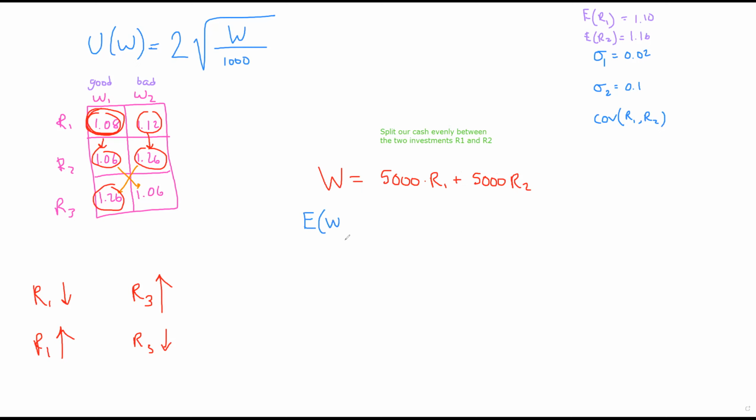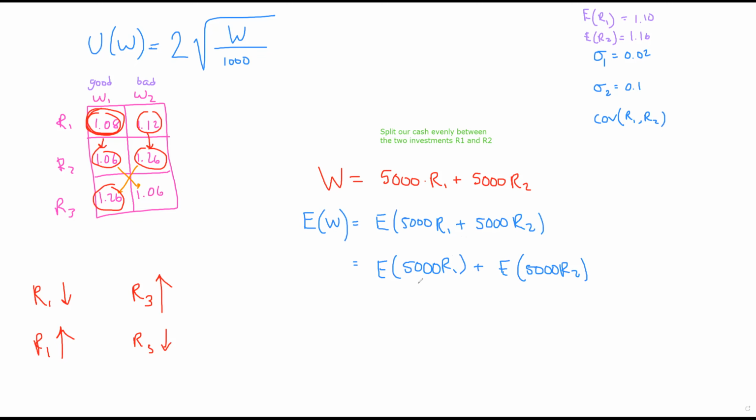So we'll take the expected value of both sides. This might end up seeming like a small blast from the past, because again, it is Eco 329. We're going to split the expected value. So this ends up being expected value of 5,000 times R1 plus expected value of 5,000 times R2, which is something you're allowed to do when the two terms inside an expected value are being added.